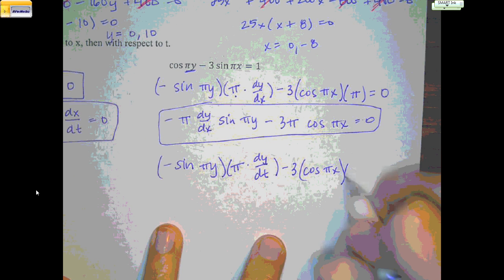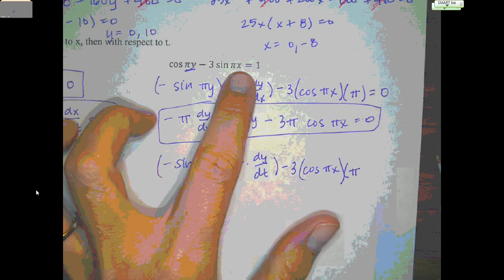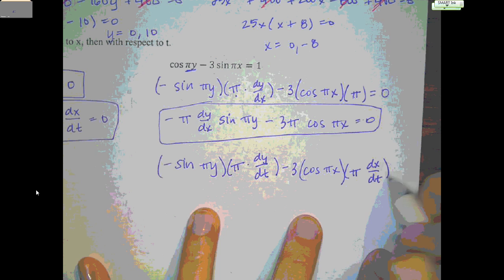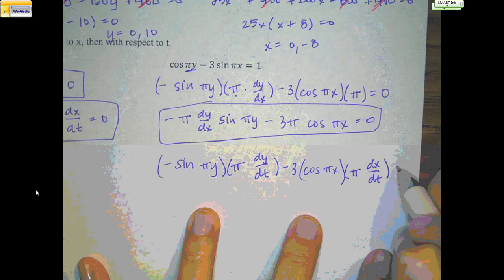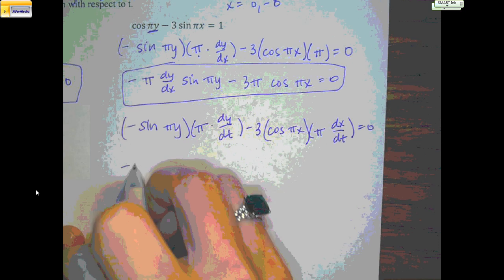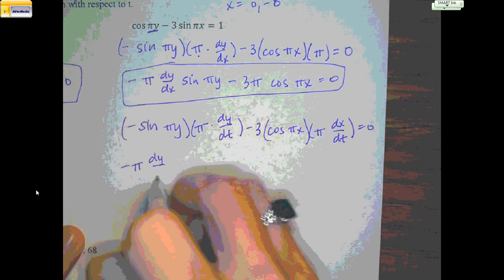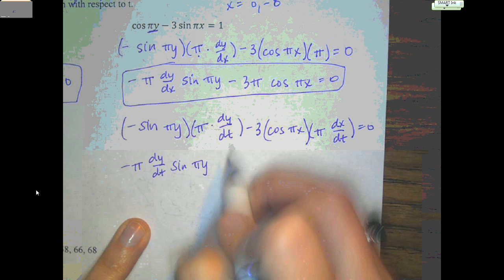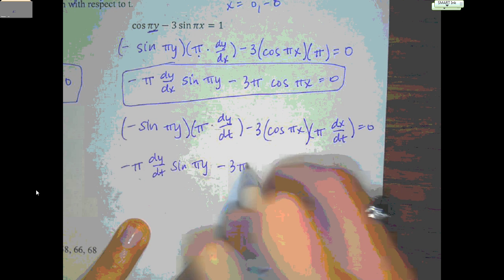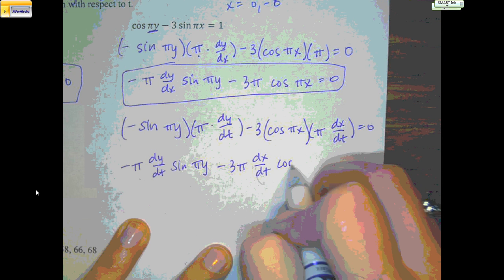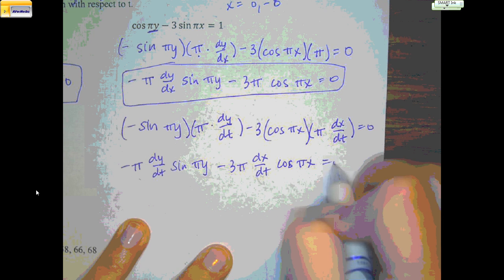Now I need the derivative of the inside, which is pi times the derivative of x with respect to t. So dx dt. And then rewrite it so it looks a little bit prettier. There we go.